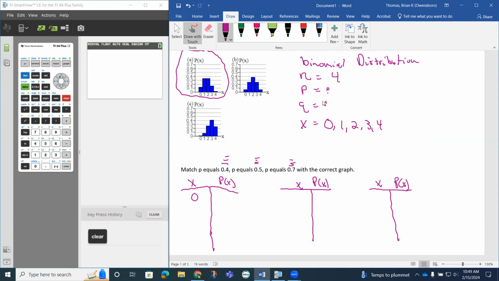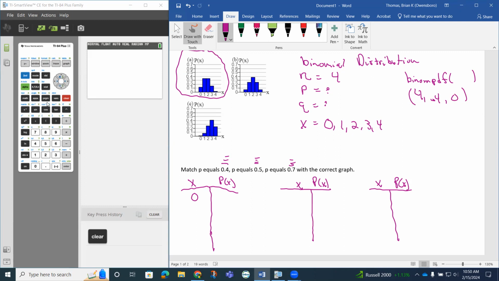Using our binomial probability distribution function, the number of trials was 4, the probability is 0.4, and the successes, we're going to start with 0. That's what's going in our formula.